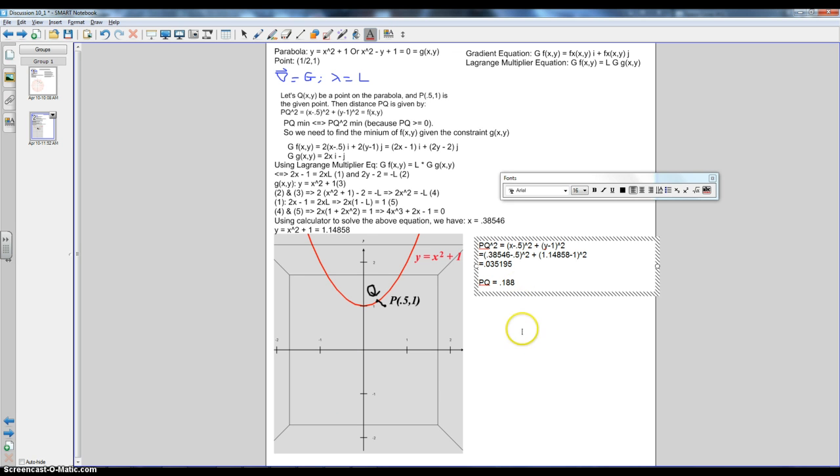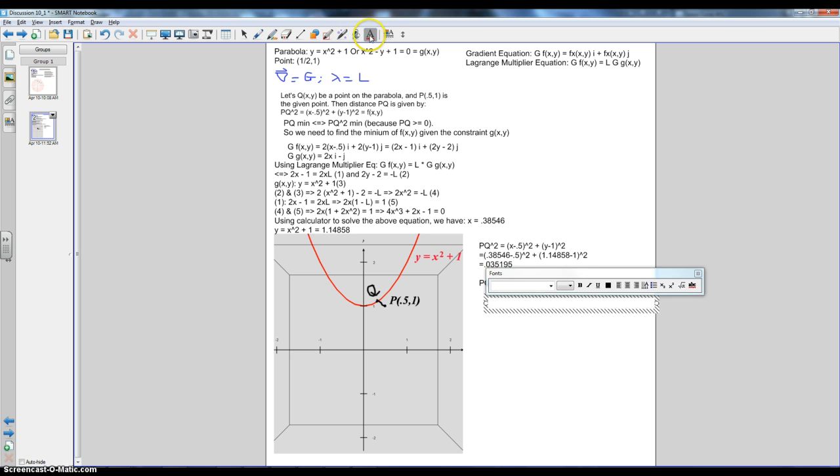And it is the answer that we need to find.